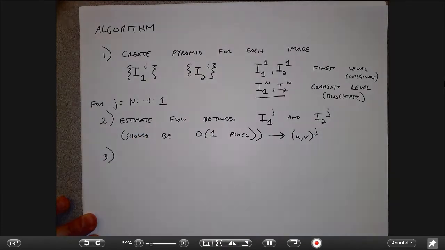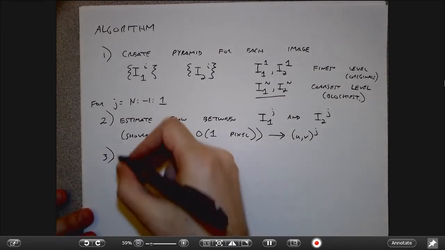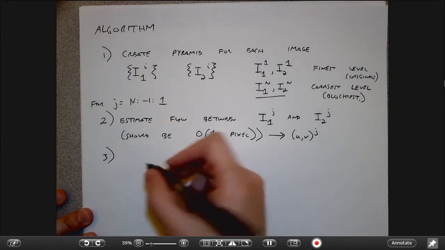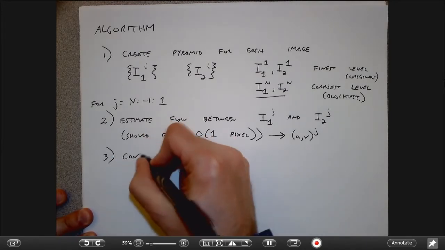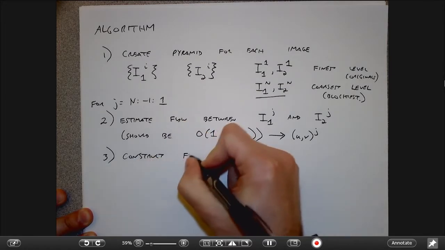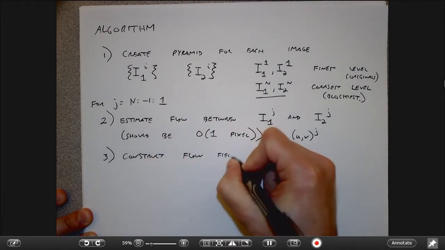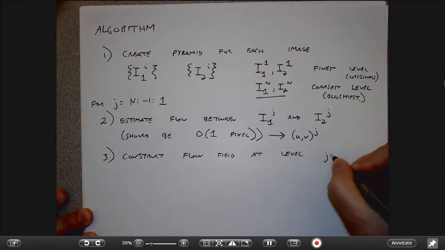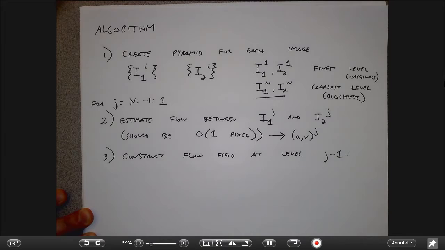And then what I want to do is figure out at the next highest level what should be the flow field that I start with. So what I'm going to do now is construct the flow field at level j minus 1. So how do I do that?